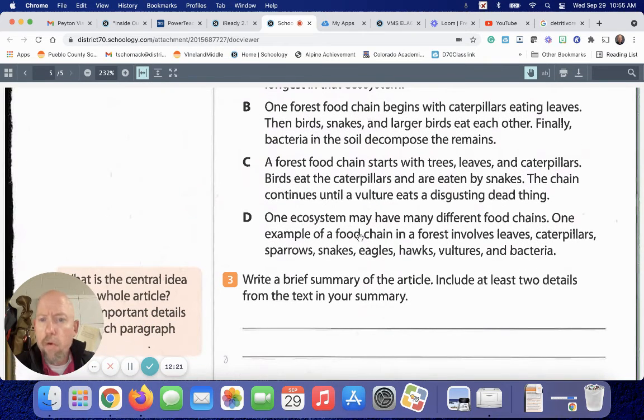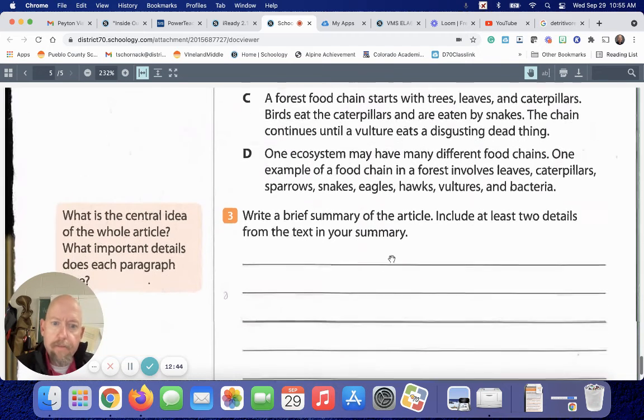C, a forest food chain starts with trees, leaves, and caterpillars. Birds eat the caterpillars and are eaten by snakes. The chain continues until a vulture eats a disgusting food thing. D, one ecosystem may have many different food chains. One example of a food chain in a forest involves leaves, caterpillars, sparrows, snakes, eagles, hawks, vultures, and bacteria.